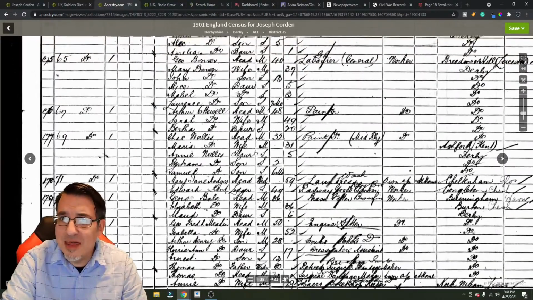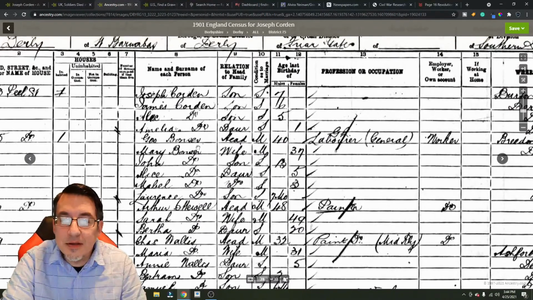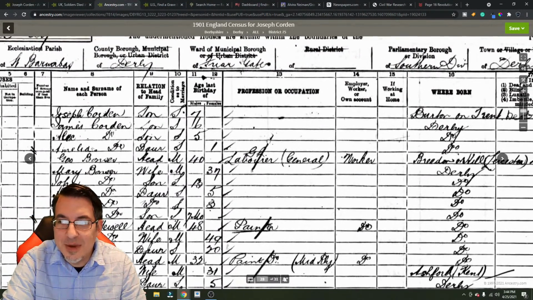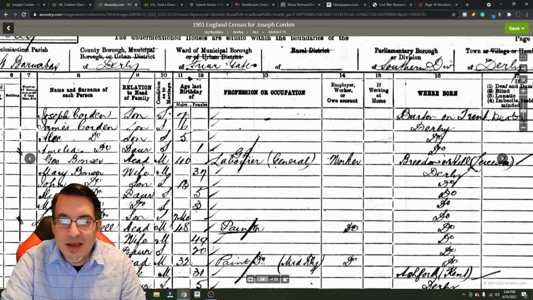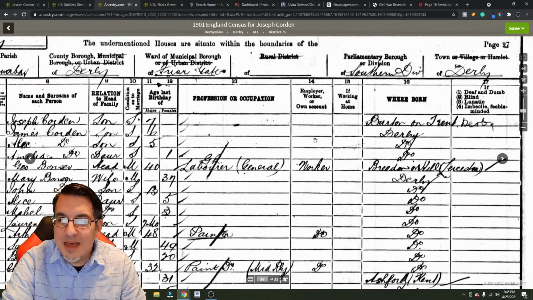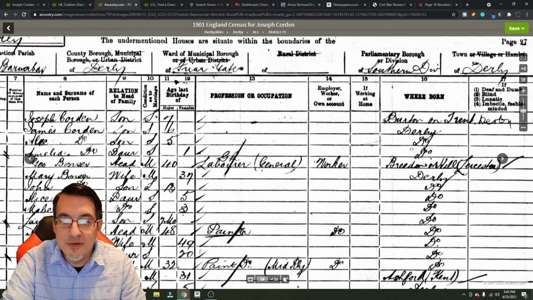I'm pretty sure in the UK they pronounce Derby as Darby. So they're split on 2 pages, actually. This is the children. The parents are on the other page. Born in Burton-on-Trent. And so you can see they probably moved right here. Joseph, he was 7 at his last birthday, born in Burton-on-Trent. But then right after that, the other children are born in Derby. So they probably moved at that point.